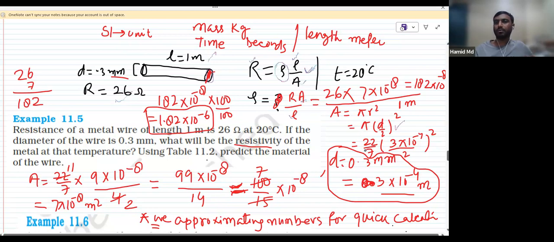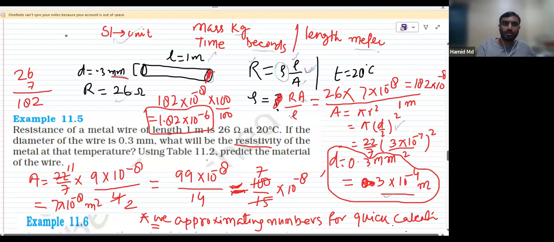Pi we have put as 22 over 7, and we calculated the diameter, because diameter is given in millimeter. In SI units, we have to calculate every quantity in kilogram, second, or meter. Another dimension is not accepted. So it was in millimeter, and we solve it as 3 into 10 to the power minus 4 meter.